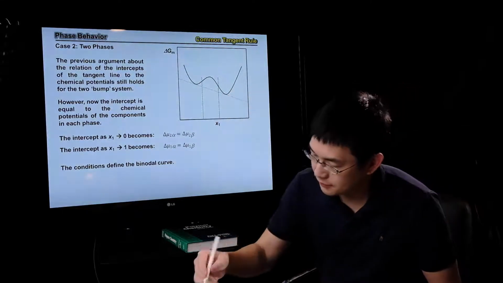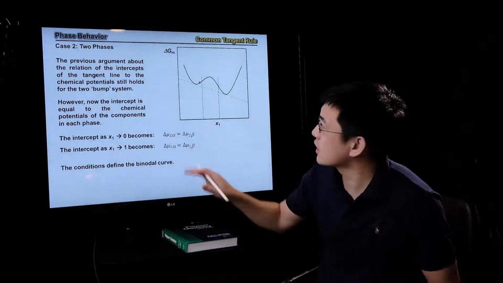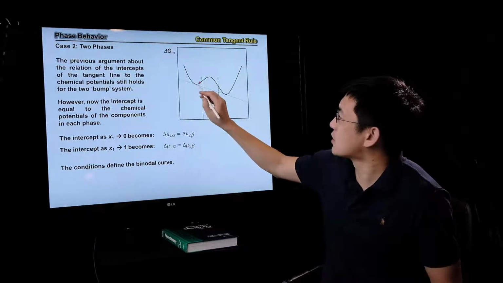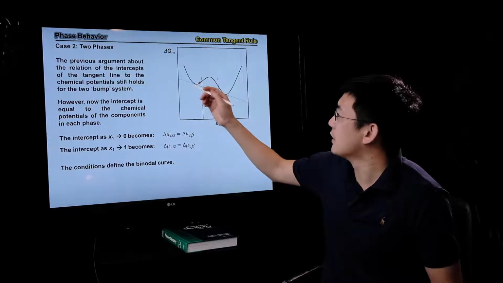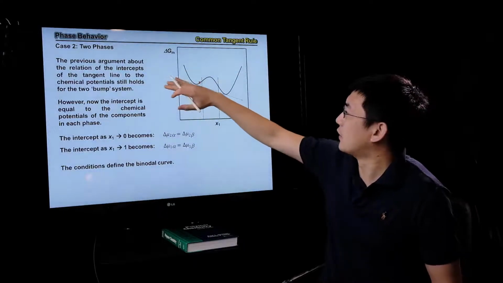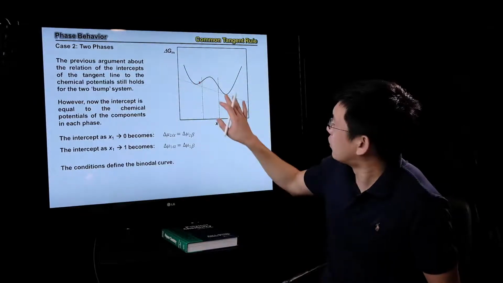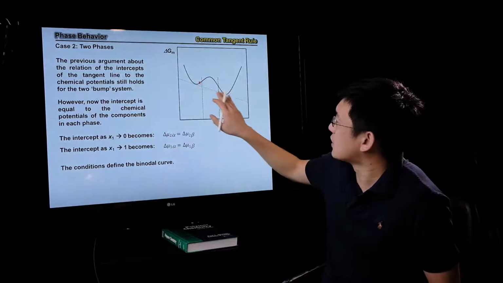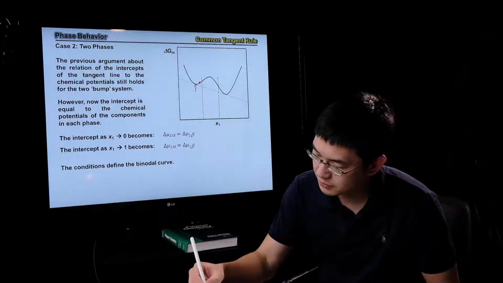If we have a two-phase example where you have something sitting right in between this binodal curve, which is defined by the common tangent of your free energy with respect to your delta G curve, this will define the two points of the binodal.